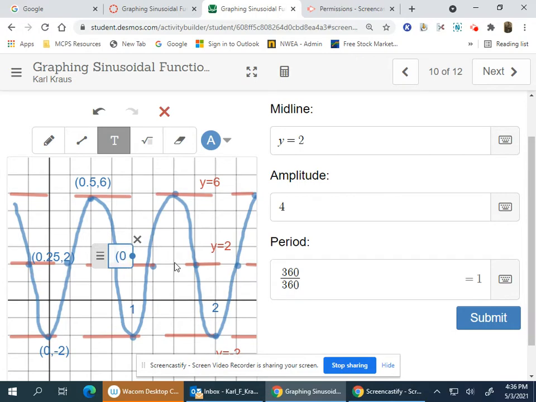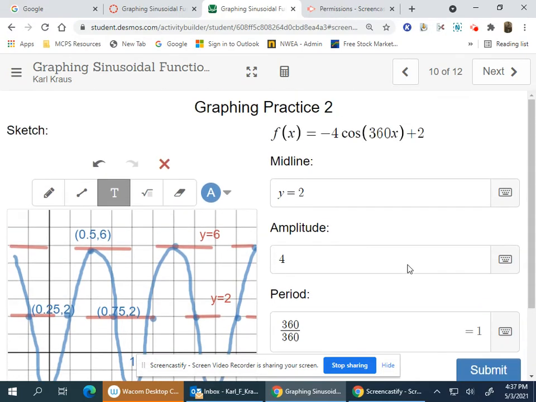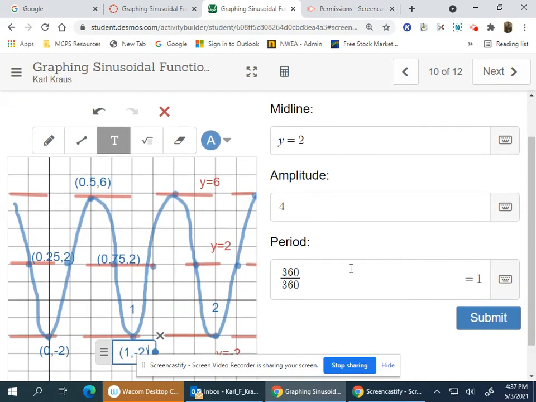Excuse me, 0.75 and 2. And then this point would be 1, -2. So that's one cycle right there labeled. It's only one label, but it should give you the idea what's going on there.